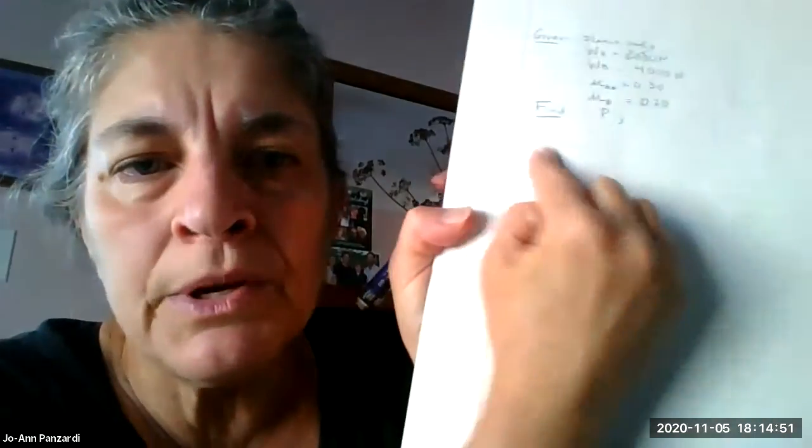And then B says, determine the maximum force P for which the system is in equilibrium. Well, why don't they just ask for the P force, instead of confusing me with two different questions? So basically, what do I have to find? I need to find P. Whatever I write in the find, I always read again at the end of the problem to make sure I answered the question.